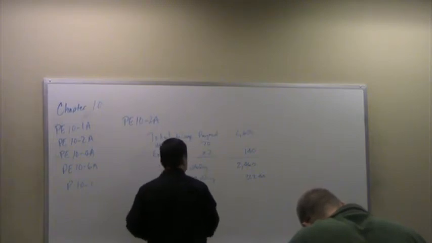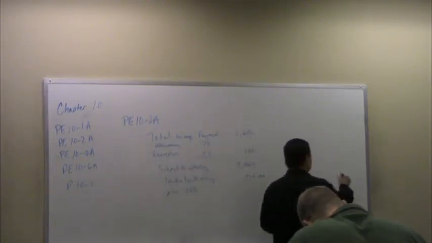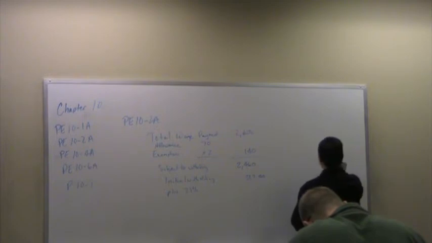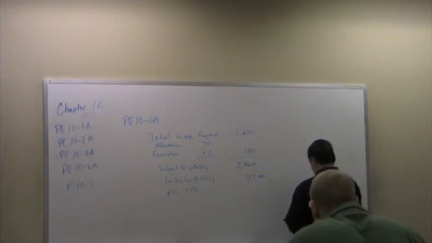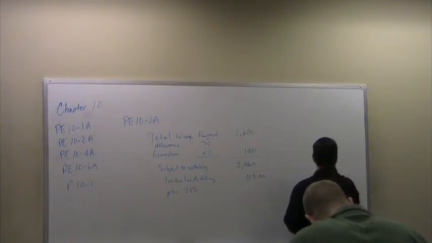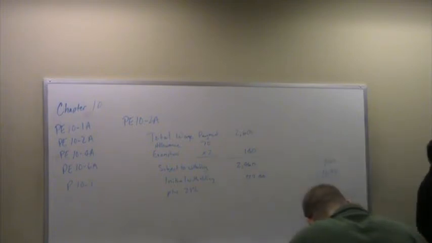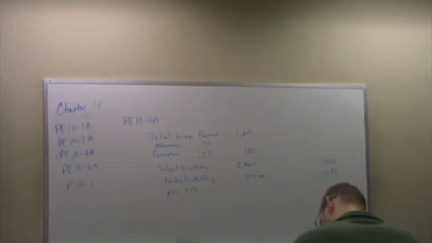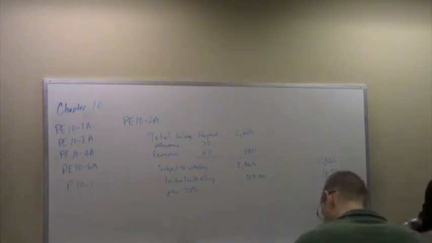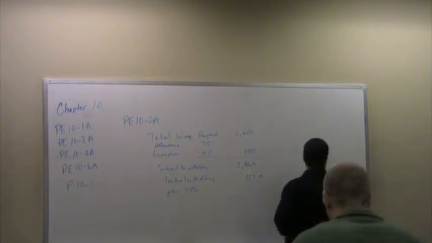Now the 28% is not off of the whole thing. We had 2,460, and then we had 1,648, because that was the limit we took it up to. So it's the excess over 1,648 that we'll take the 28% on.